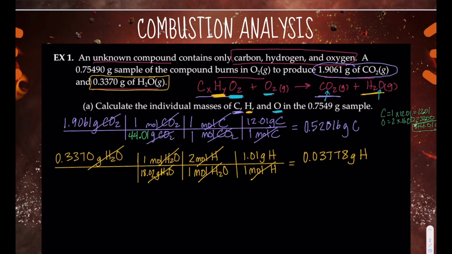Now, since we already have the mass of carbon and the mass of hydrogen present in the unknown compound, we can subtract the masses of carbon and hydrogen from the total mass of the unknown sample to determine the mass of oxygen. So let's set that up.